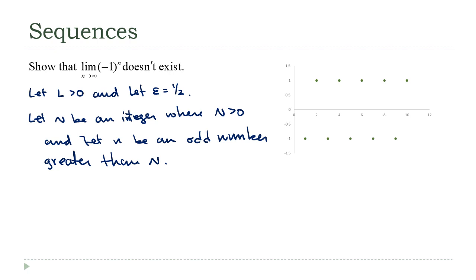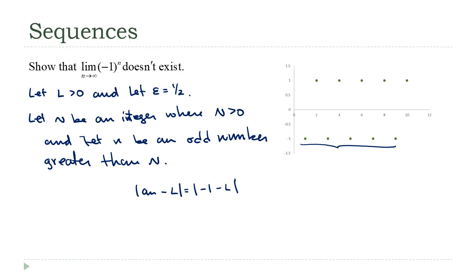The absolute value of a sub n minus L is equal to the absolute value of -1 minus L. A sub n is -1 here because n is odd, and the odd indexes are all these negative values down here.